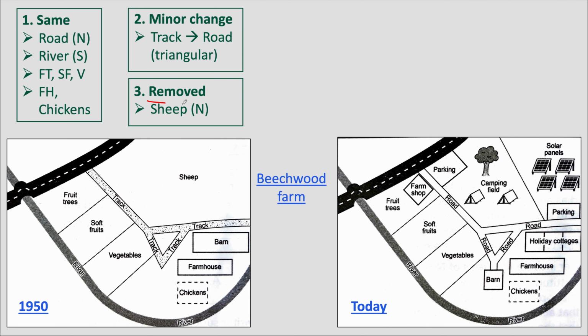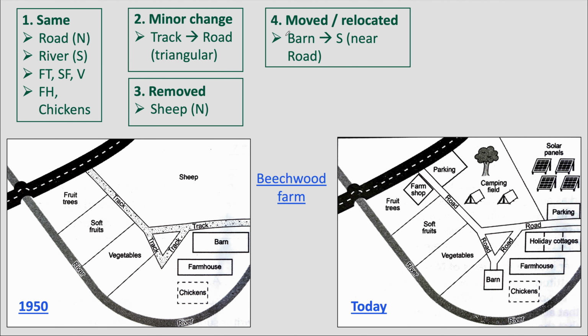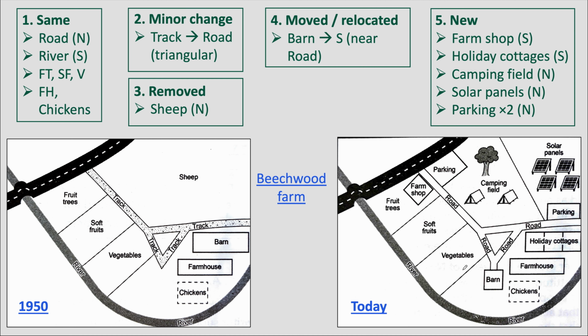Next is things that have been removed. The sheep area in the north has been removed completely. Then we check for relocations. The barn is still present, but it has been moved near the road close to the vegetable patch. There are several new features in the second map.